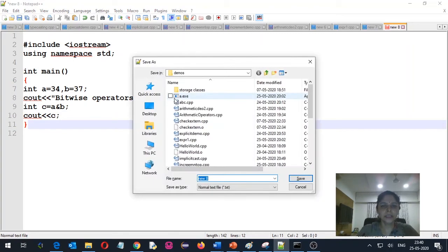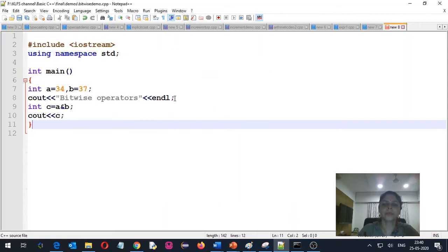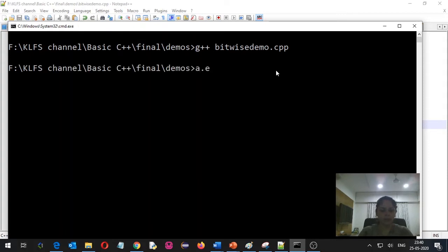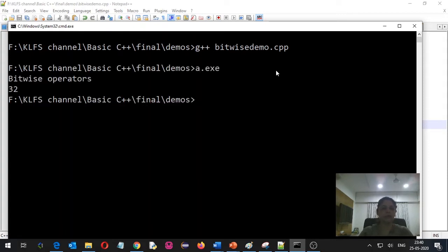I am saving this file by the name bitwise demo.cpp. To execute this, first of all we will have to compile it using g++, and then to see the output, we will have to use a.exe. You can see that we are getting the answer as 32 decimal.